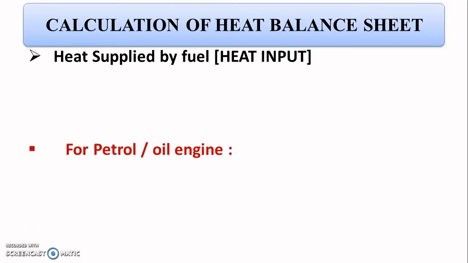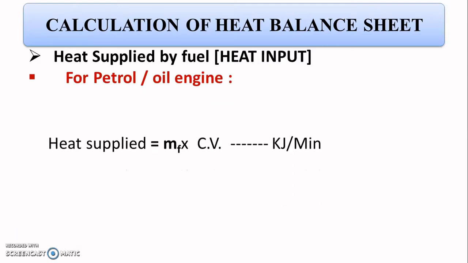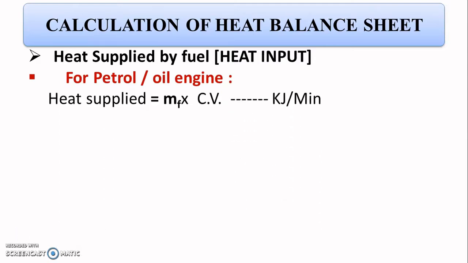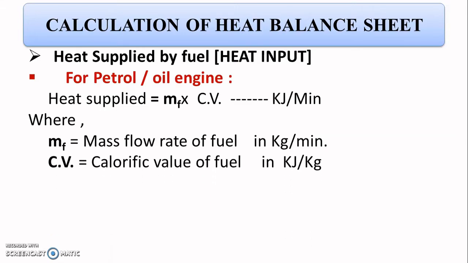That heat input is calculated for the petrol or oil engine by the formula heat supplied is equal to mf into cv, which is expressed in kilojoule per minute. Here mf is equal to mass flow rate of fuel in kilogram per minute, and cv stands for calorific value of the fuel in kilojoule per kg.